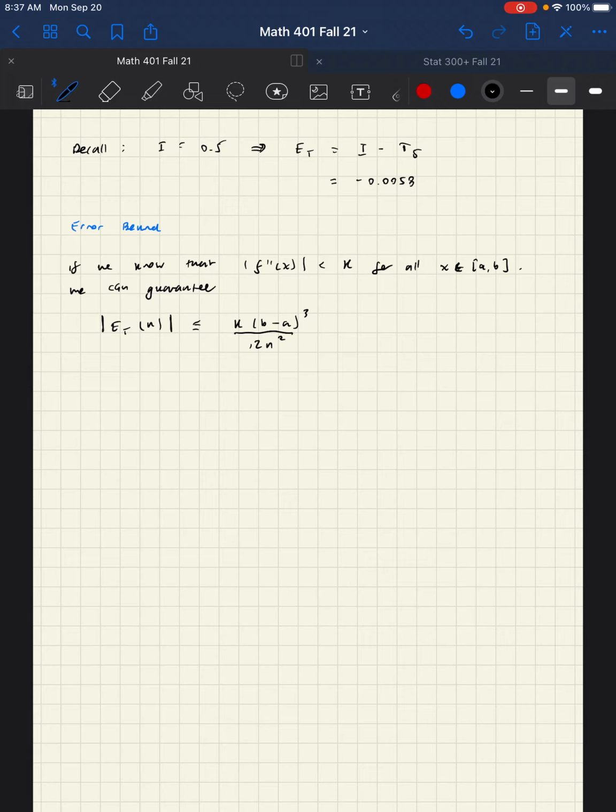Compare that to the formula we had for the midpoint rule.